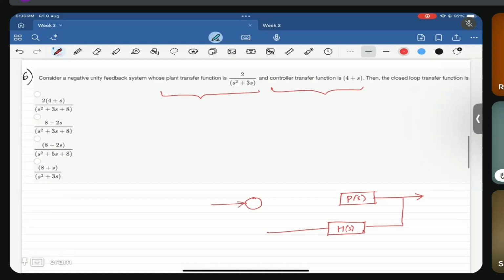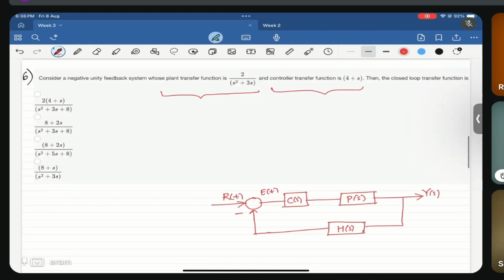Then we have some reference signal R(t), and if there is a minus, then we will get some error signal, to which we apply the controller C(s), and this controller output is fed to the plant.